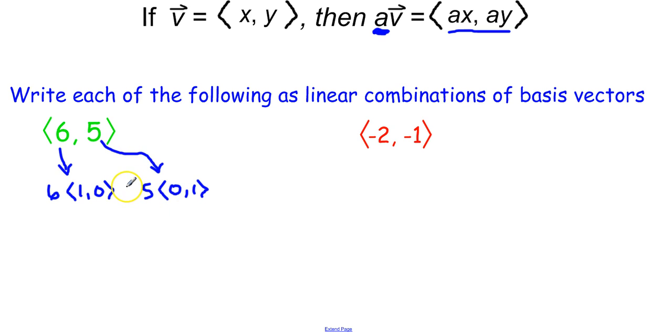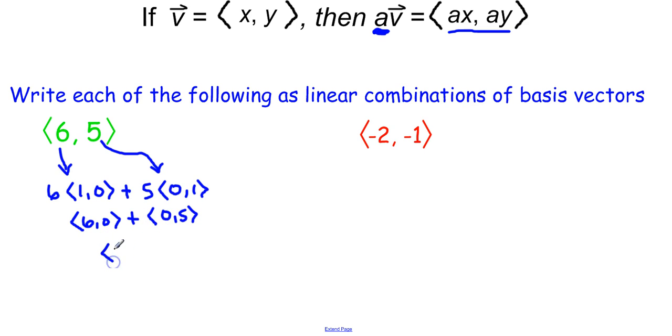And if I add these two together using that vector addition that we talked about earlier, this is going to give me 6, 0 plus 0, 5. And when I simplify that, I combine my x components.